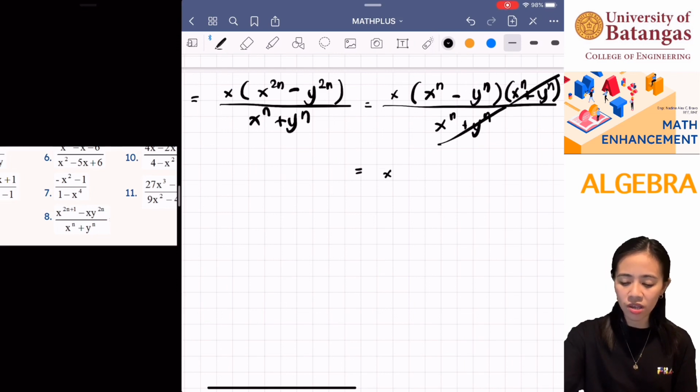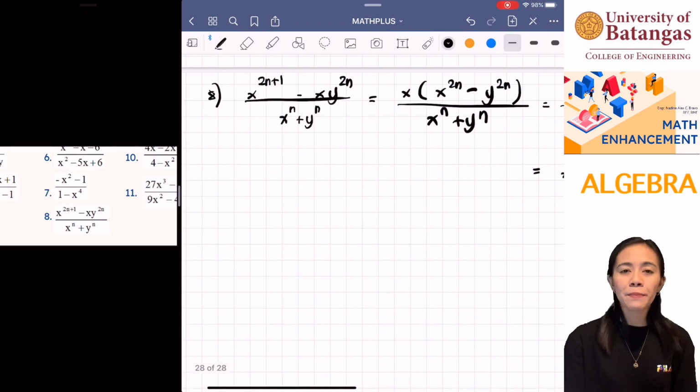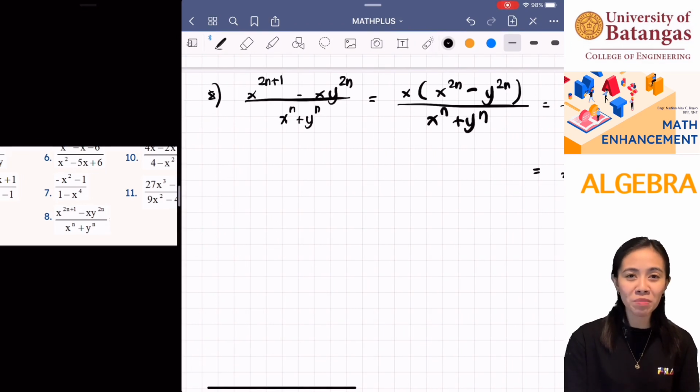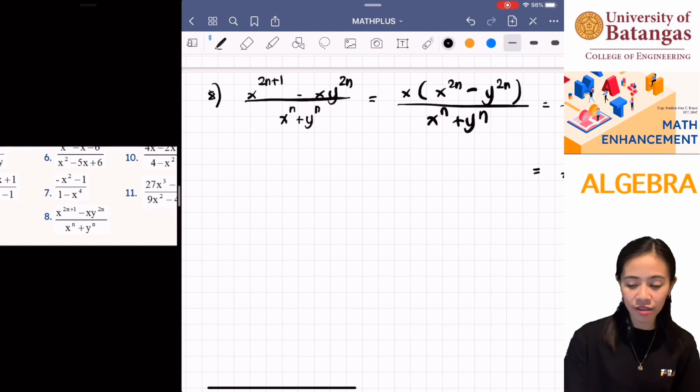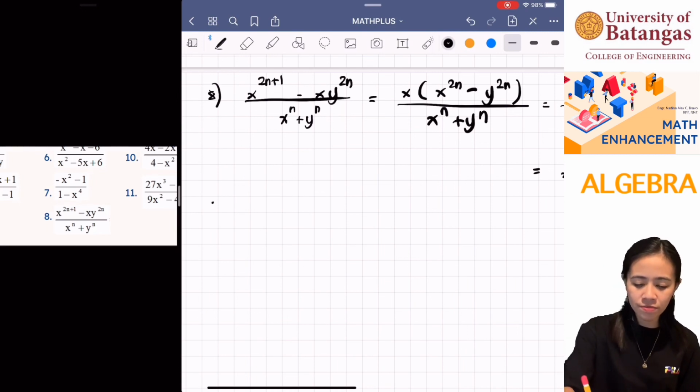Your final answer is x multiplied by x raised to n minus y raised to n. Okay? So, kapag yung exponents mo naging variable, huwag masyadong mai-intimidate ha. Isipin pa rin yung principles ng factoring, ng laws of exponents, para hindi ka masyadong nervyosin. Okay? It comes with practice po.